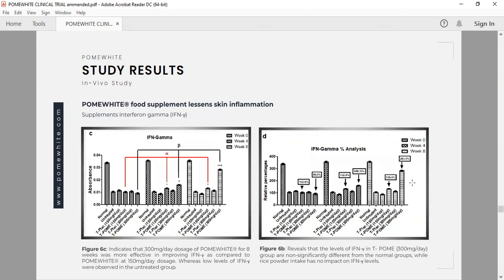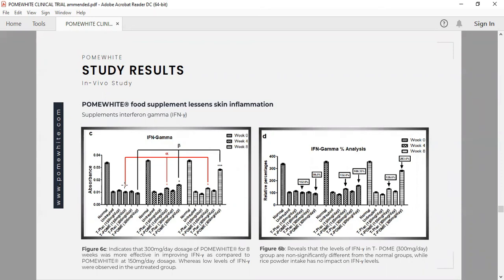Similarly, another important marker for skin inflammation is the cytokine interferon gamma. This is an anti-inflammatory cytokine. Once interferon gamma is released into the skin, it decreases inflammation in the skin and other body parts. In normal persons, a considerable amount of interferon gamma is always present in the skin, but with inflammation of the facial skin or other skin parts with inflamed lesions, the levels become low.